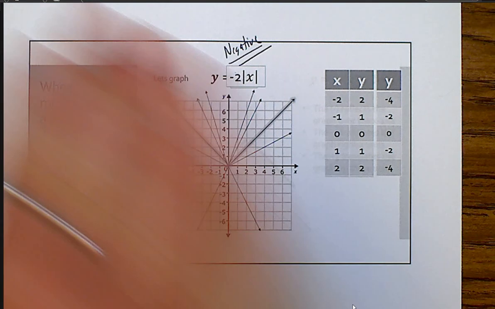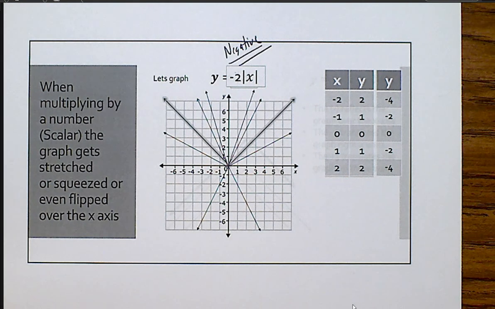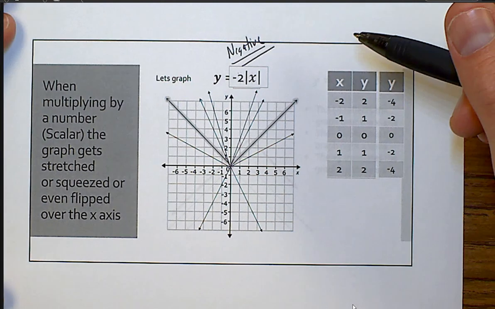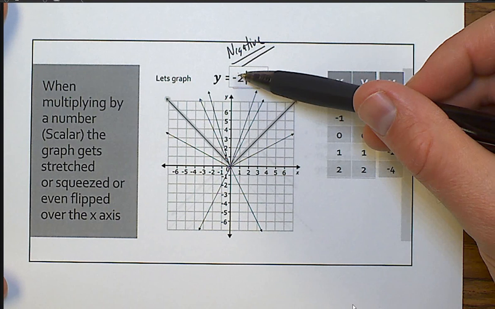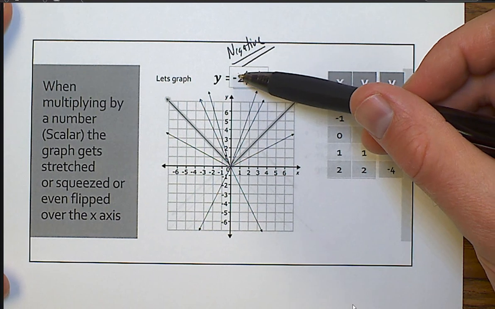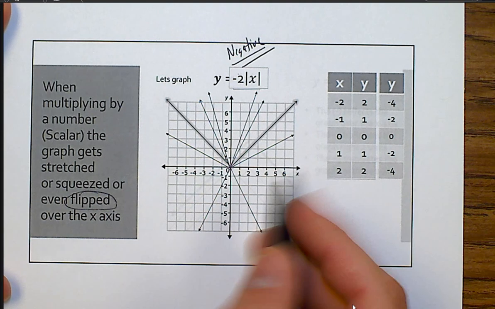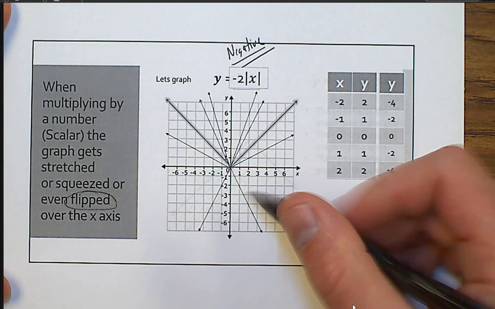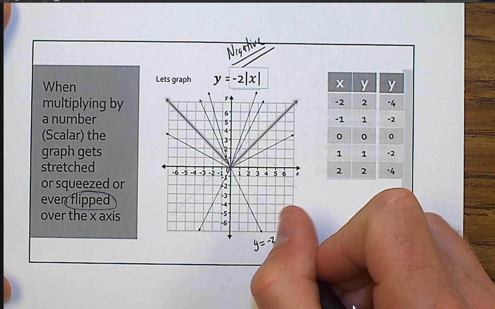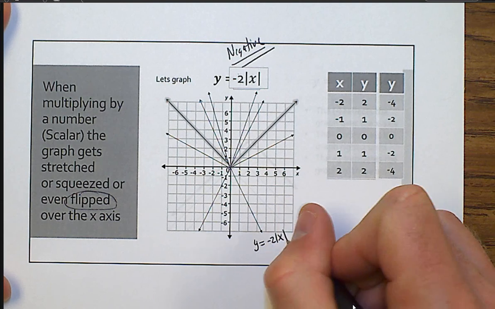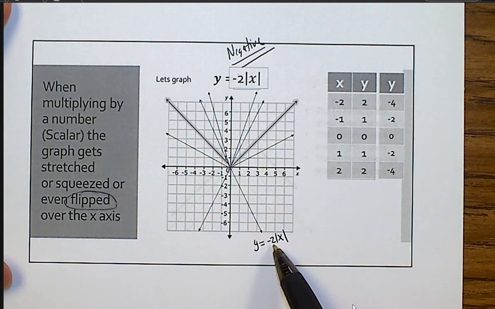It kind of reflects over itself, and so it's the same kind of idea here. The only thing that happens when you have a negative is it's going to flip over the x-axis. Here's your x-axis right here running left and right, and this graph is the graph of y equals negative 2 to the x. Now, is this graph stretched or is it shrunk?